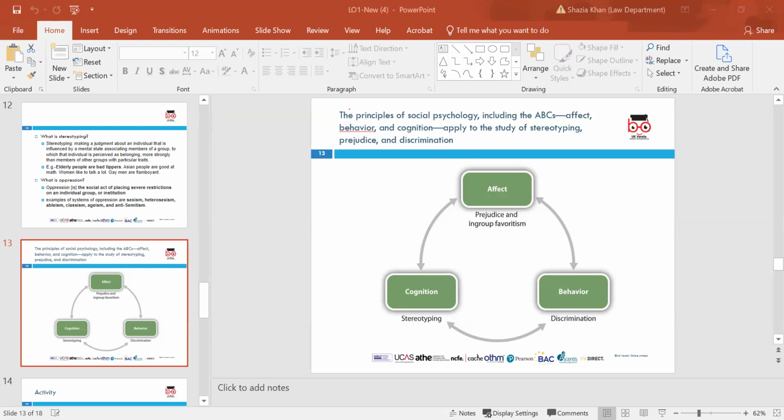So we've got affect, which is our feelings. Then we have behavior, which is discrimination, and then cognition, which is stereotyping. So our thoughts in regards to it.